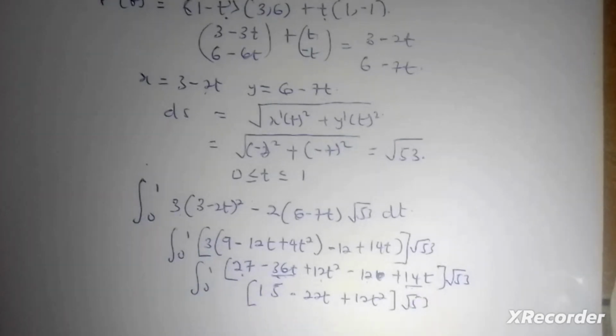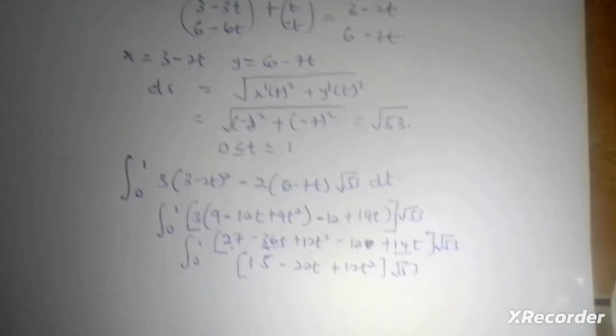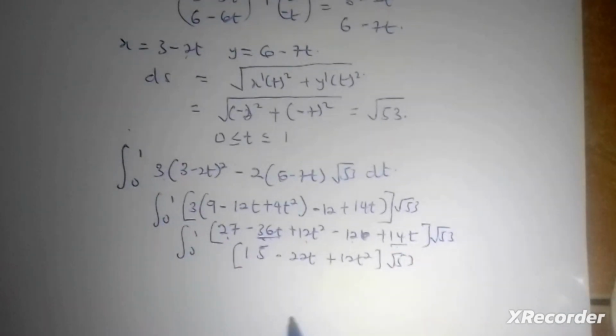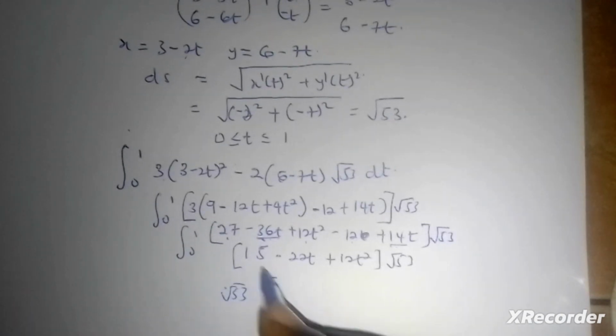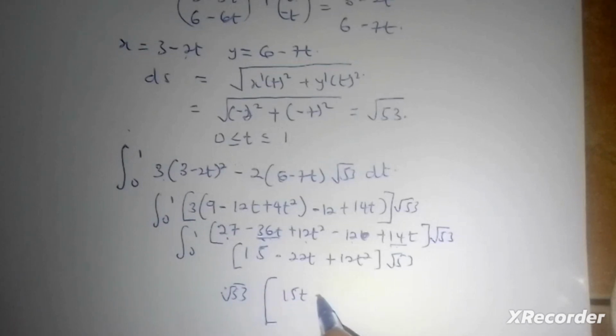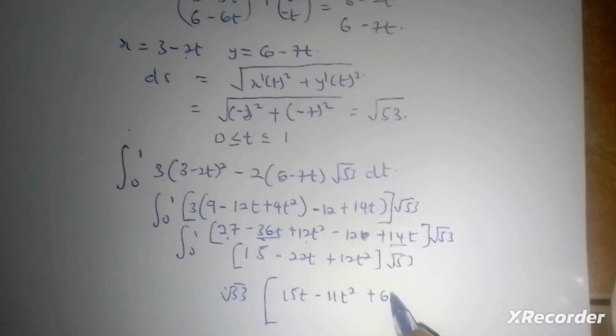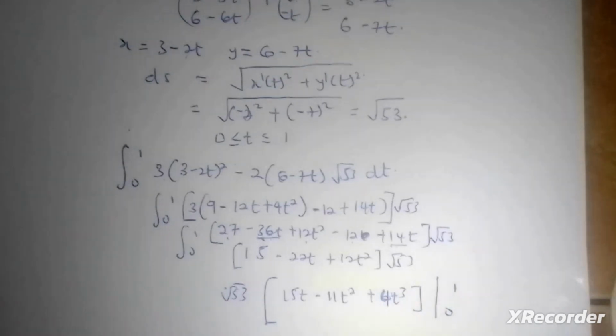So this is just integrating each term. Upon careful simplification, realize that you're going to get the square root of 53 out. Then here I'll get 15t minus 11t squared plus 4t cubed, with limits 0 to 1.